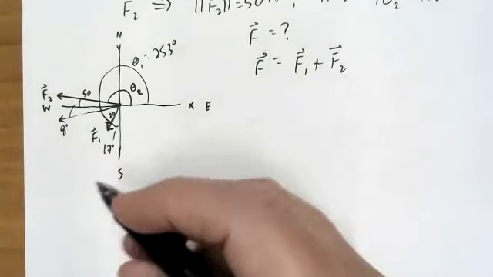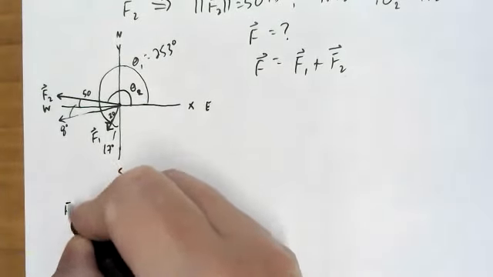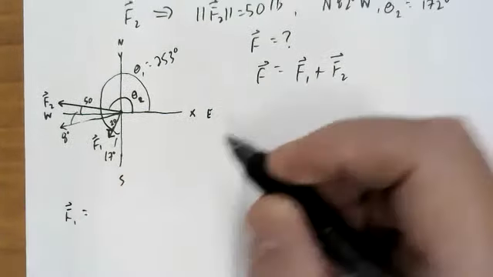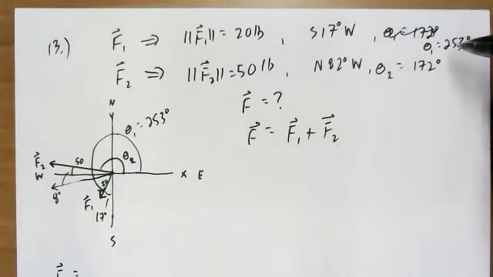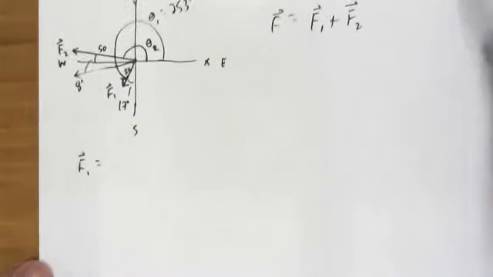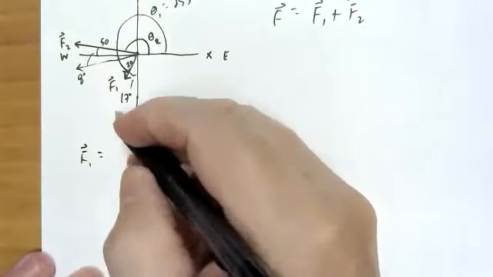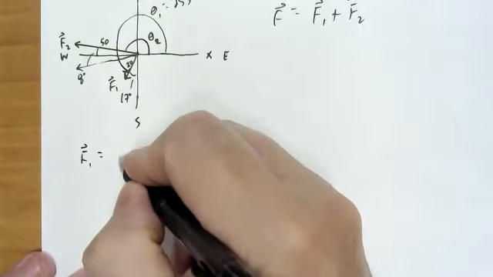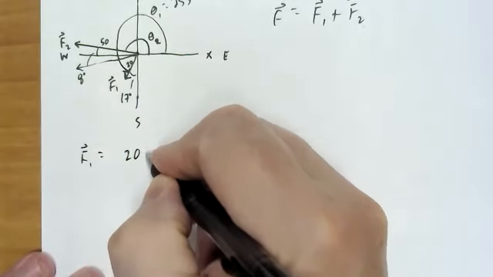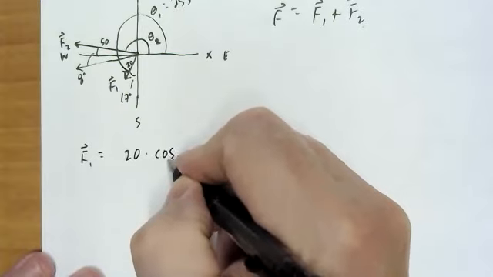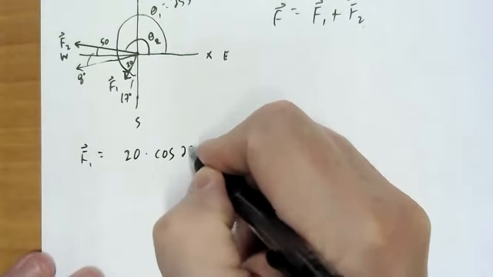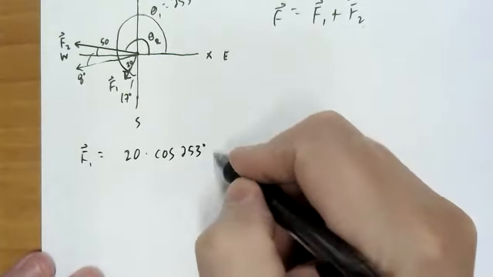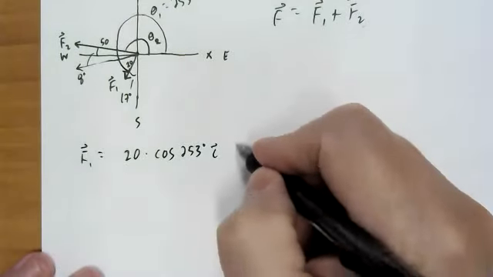I'll go way down here. So remember, when you have a vector in magnitude and direction, here's my angle. To convert it to IJ, you take the magnitude, which is 20, times the cosine of the angle, 253 degrees. That's going to be my I part.